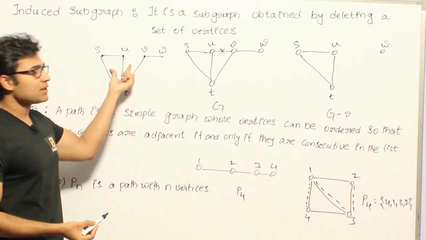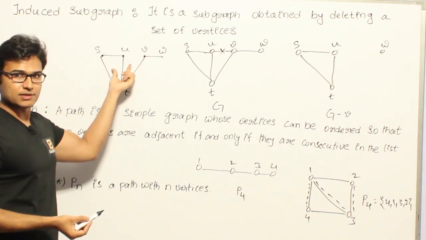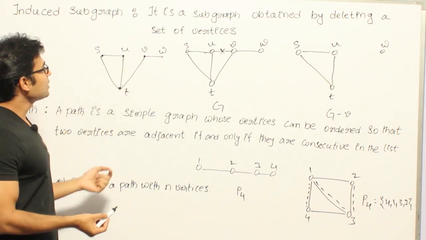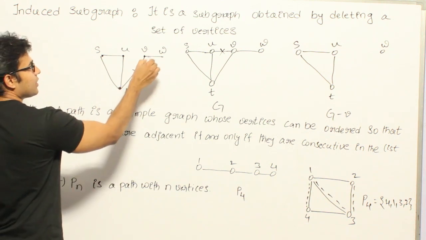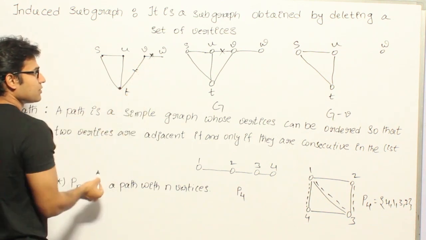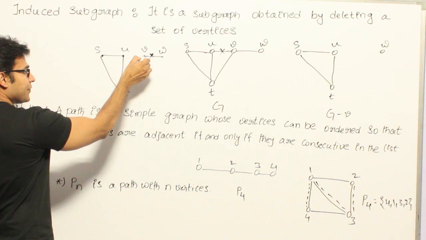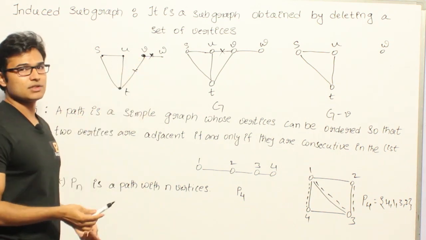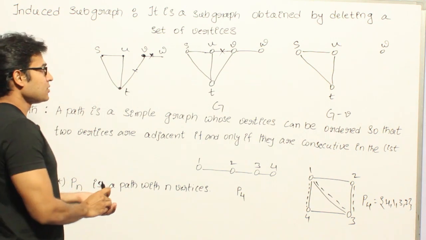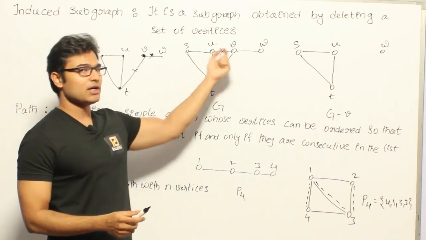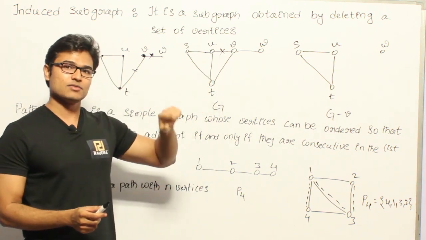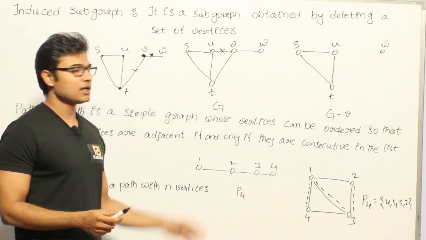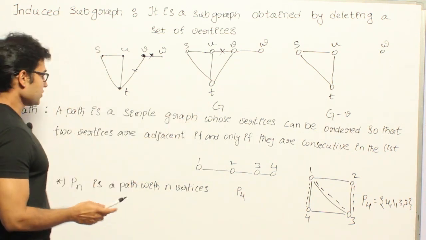We are not deleting any vertex. Even if you delete all these three edges, or these two edges as well, and you let this vertex be there, it will still not be an induced subgraph. So what is the induced subgraph? You have to delete the vertices and all the edges which are incident on them. That only is going to give you an induced subgraph.